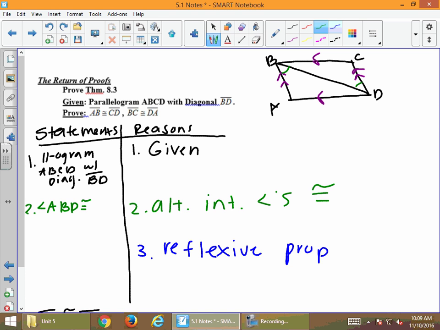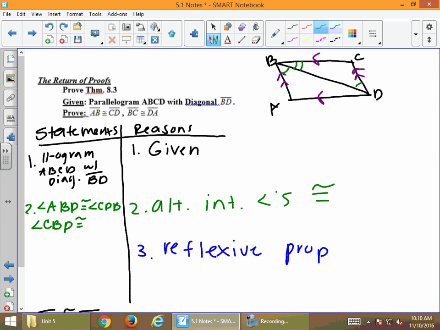Yeah, CDB. Well, are there any other alternate interior angles? What's another one? CBD, this angle right here. It's congruent to, what's its alternate interior angle?